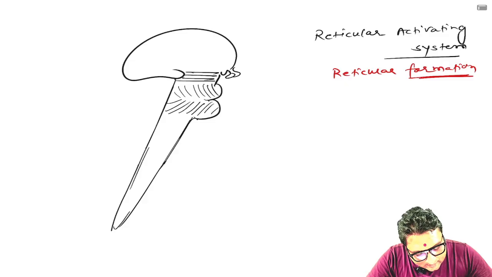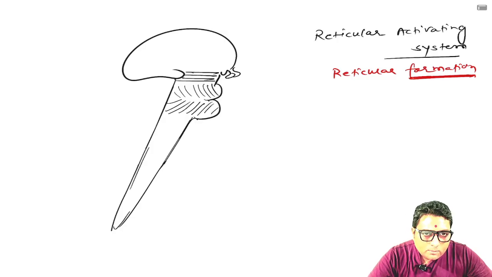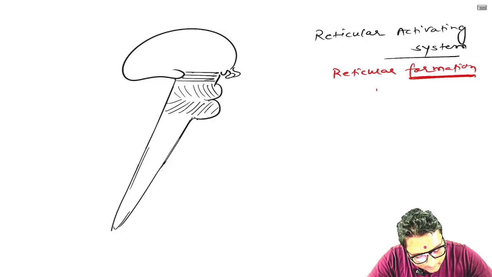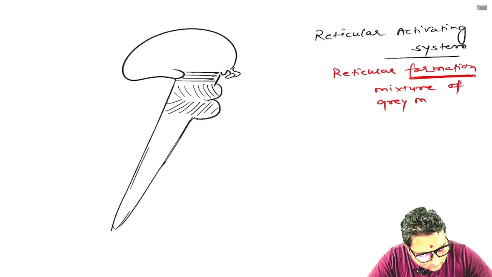Now, why is the name formation given to this part and where is it situated? This formation is nothing but a mixture of gray matter and white matter.